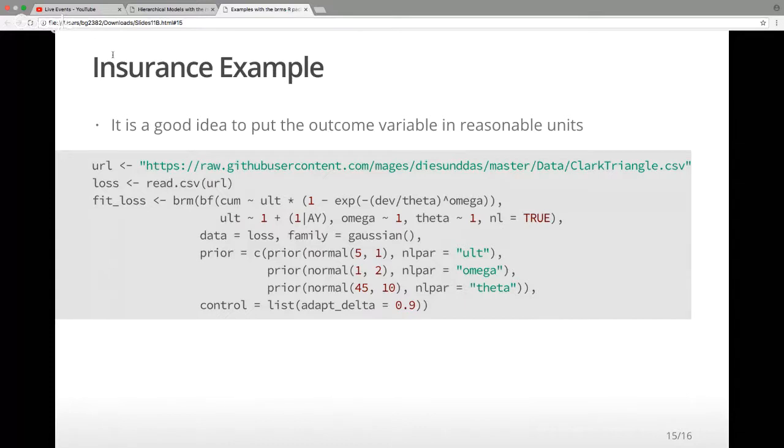I forget what ULT is, but this sort of baseline multiplied up by, there's an exponential function here, and then we have this raised to some unknown value omega. I guess dev is known, but theta probably isn't.